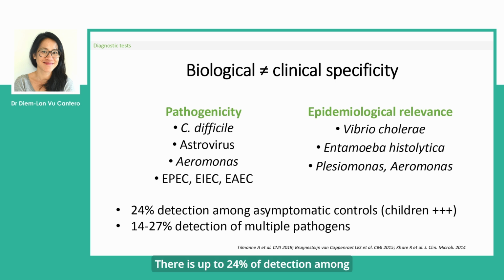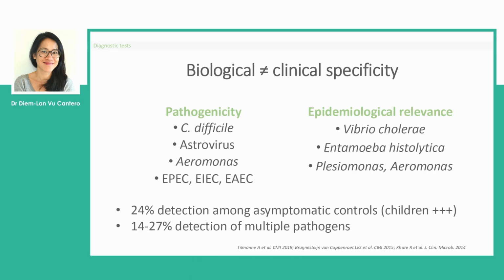There is up to 24% of detection among asymptomatic controls, and there is 15 to 30% of detection of multiple pathogens. So this is a challenge for interpretation of results.